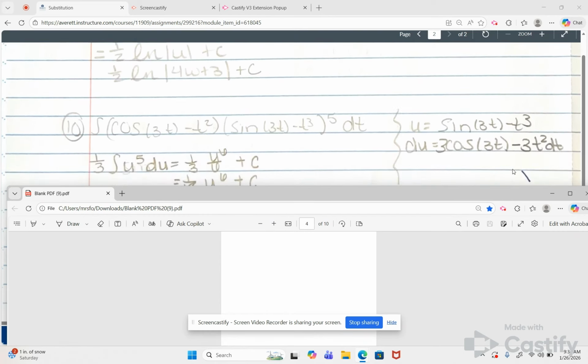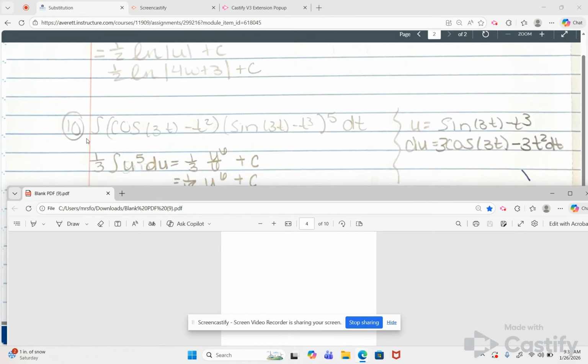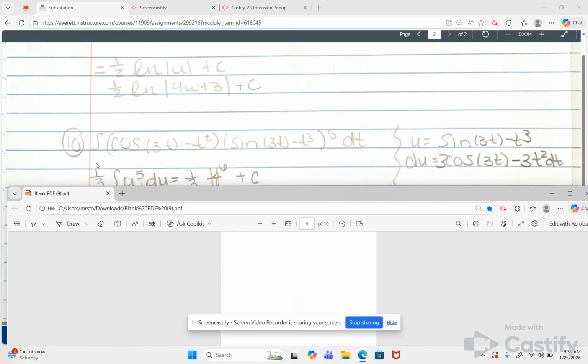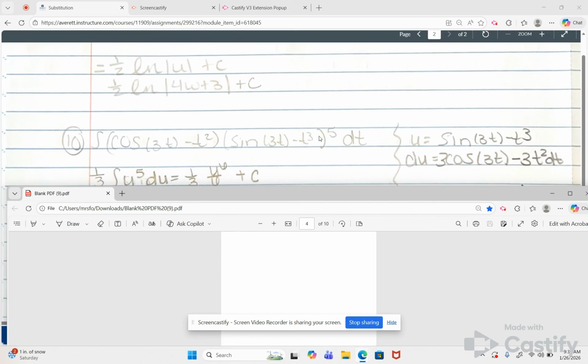And when we think about that, that means that leaves us with a 1/3. So that'll be 1/3. And that takes care of the 3. And then the cosine 3t minus t squared and the dt are taken care of with du. And then this sine here to the 5th is u to the 5th.